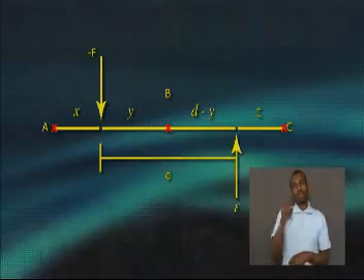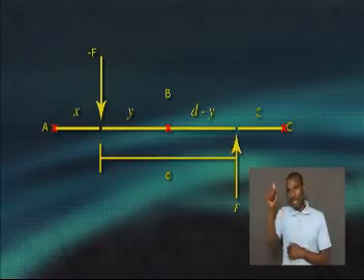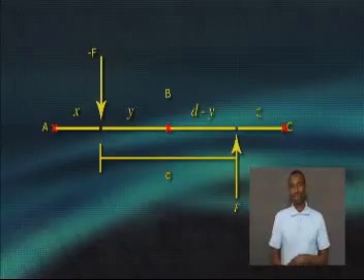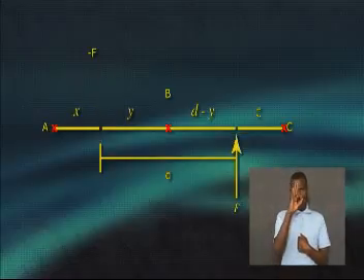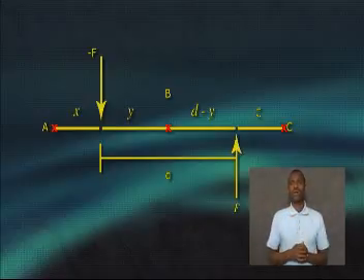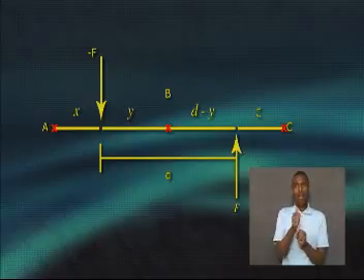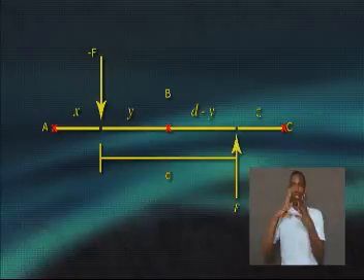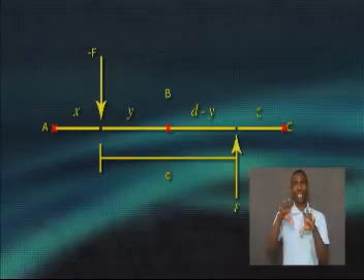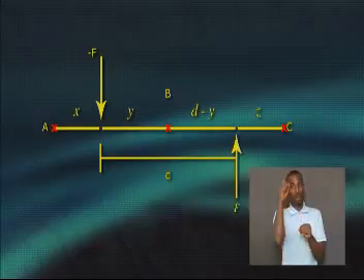In this example, we have three axes, A, B, and C. We have two forces, F and negative F. Students, please solve for the moments about A, B, and C. Remember to solve for both clockwise and anti-clockwise moments in order to calculate the net moment.